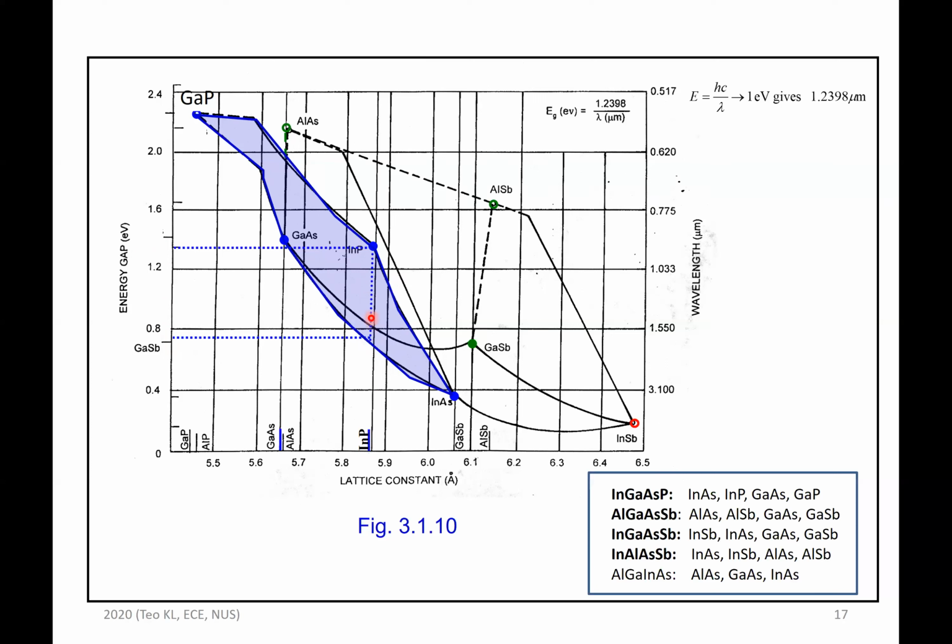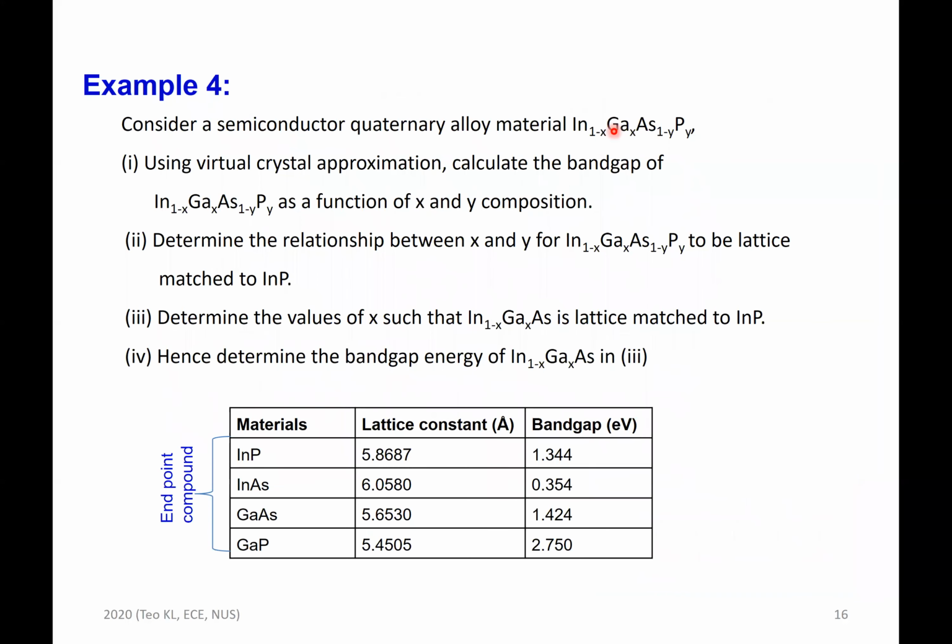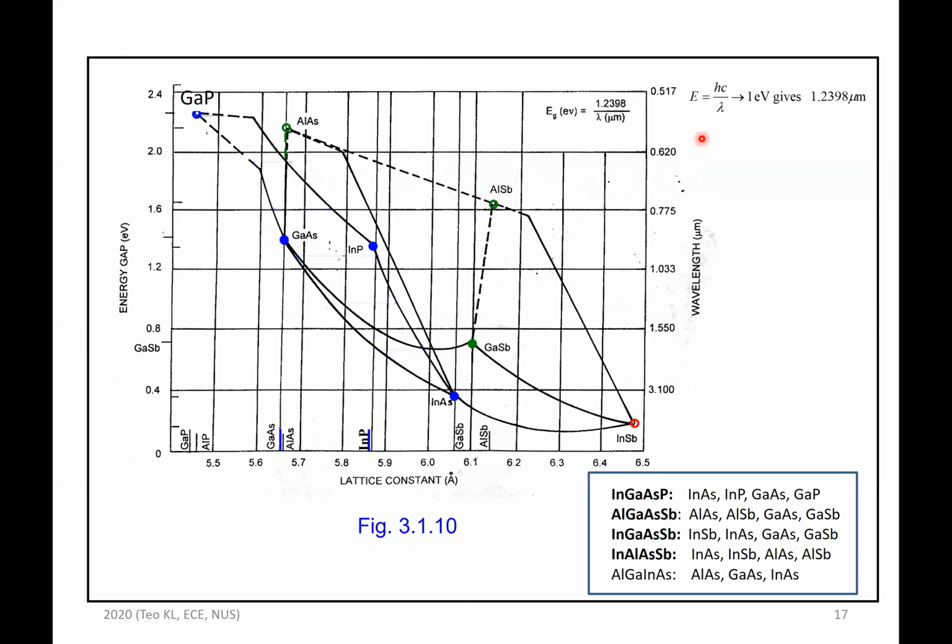Any value here I can pick will be lattice matched to indium phosphide for a certain composition of X and Y. I do not know the composition, but there is a certain composition of X and Y that I can grow such that it matches the lattice constant of indium phosphide. So that is the range of the gap for the quaternary alloy I can grow.